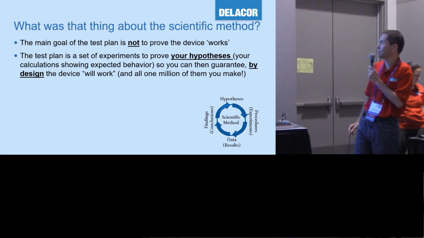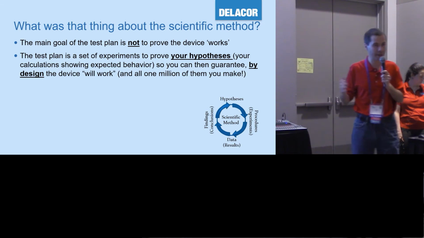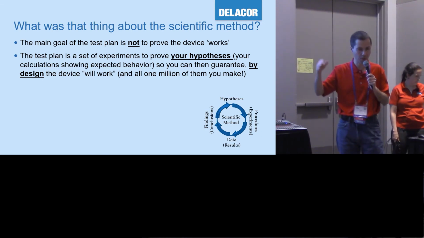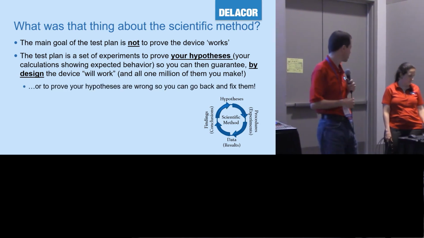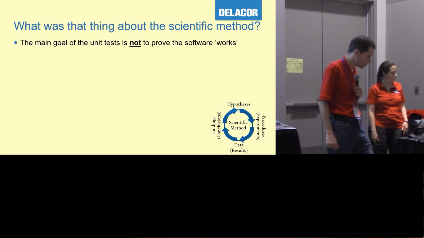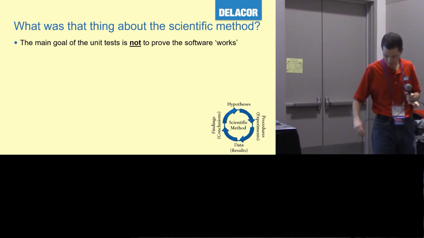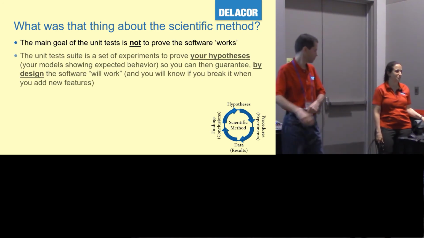And you can make one of anything. It's when you're trying to make a lot of them that you want to be guaranteeing things by design so that when you put all the bits together correctly, it's just going to work. And then for software, it's the same thing, right? So we were talking again, the main goal of the unit test is not to prove that the software works. That you can prove by just hitting the run arrow, right?